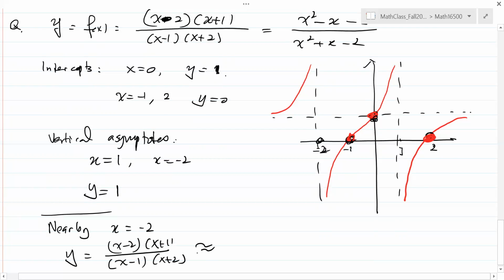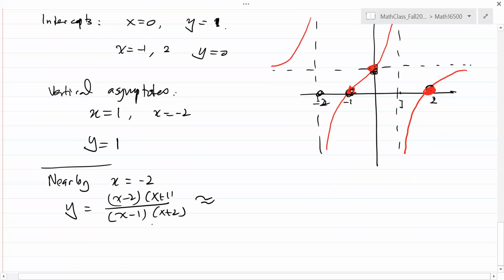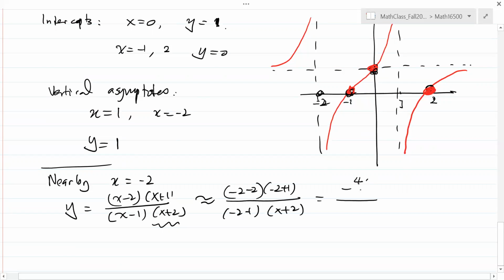So I only keep x plus 2. I only keep that term. So the rest of them I just evaluate. -2 minus 2, -2 plus 1, -2 minus 1, here x plus 2. Let me simplify. -4 times -1, +4. +4 divided by -3. So -4 over 3.